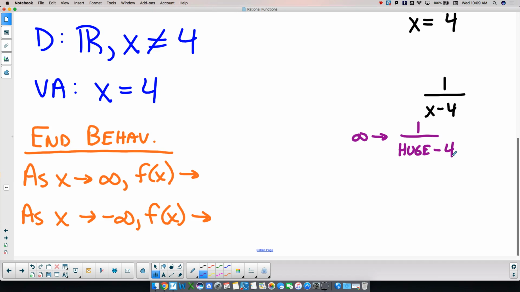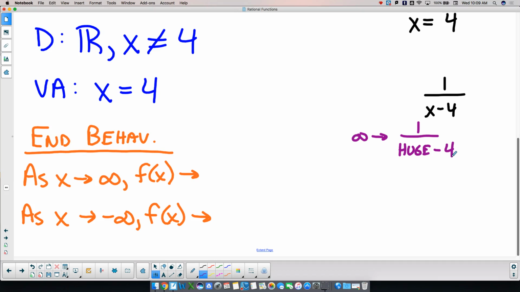Well, if I'm taking a number that's approaching infinity and I subtract 4 off of it, that's like taking 1 grain of sand off the beach. Okay? Not really going to make that big of a difference, right? So that's going to be 1 divided by a positive huge number.